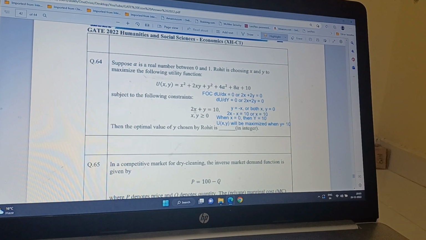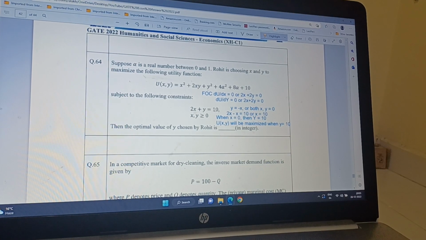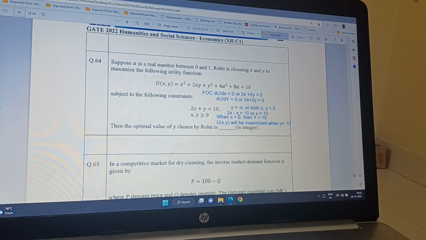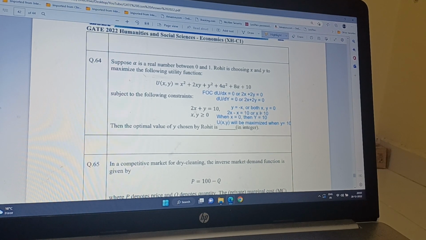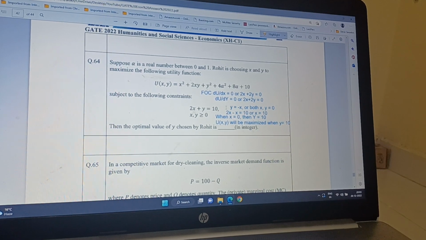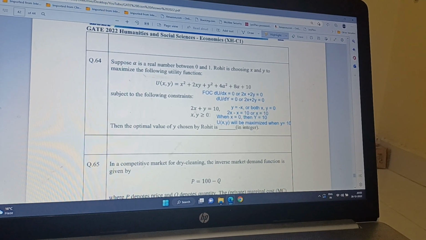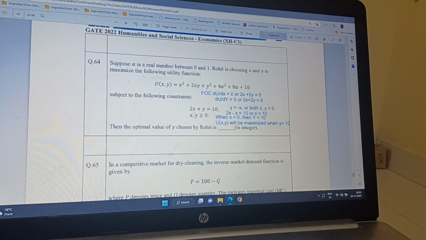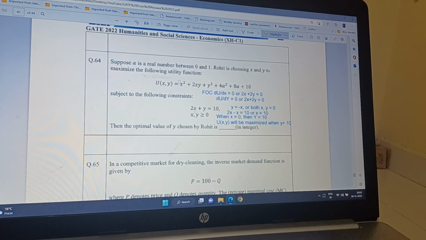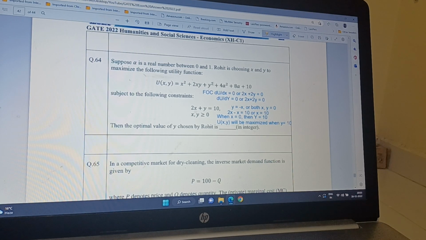So the constraint is 2x plus y is equal to 10. I use this constraint. Since y is equal to minus x, that gives x equal to 10. So when x is equal to 10, what should y be? Y is also greater than 0, so y should also be 10. Otherwise, if y is 0, then this function won't be maximized.